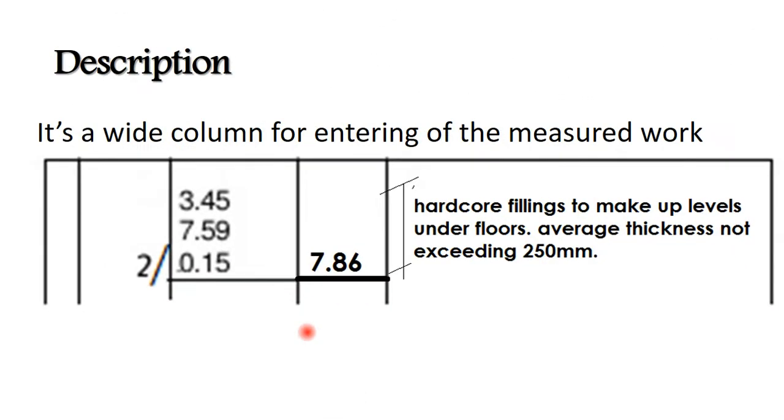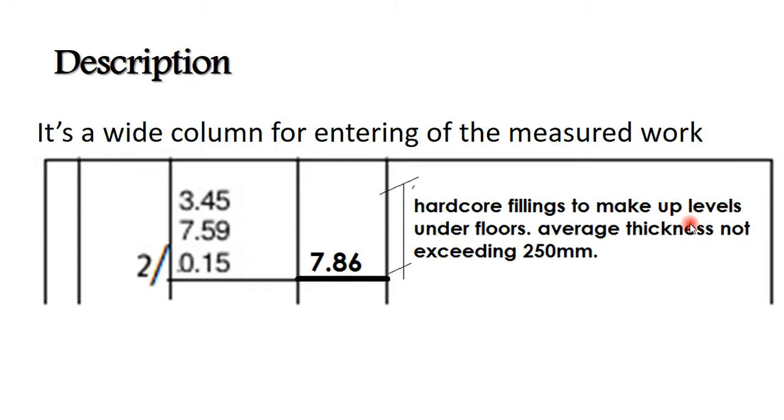The next is the description. So this is a wide column for entering over the measured work. Okay, like here we have these numbers times in dimensions, and we have that as squared. But then what are these numbers for? Now, in order to show what these numbers are for, you write a description for these numbers. Like in this case, we have hardcore filling to make up levels and floors.